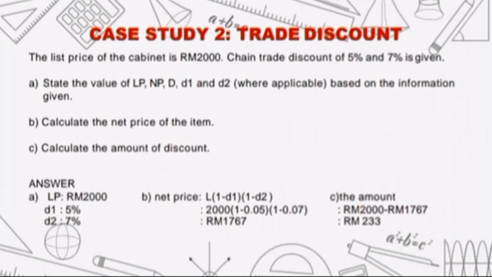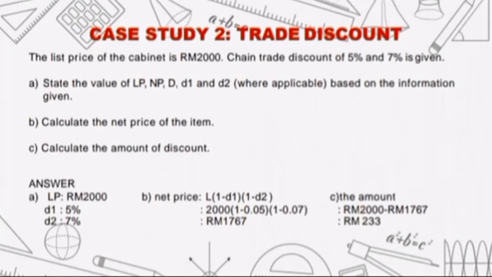And for D1 and D2, you need to change from percent to decimal. It means 5 divided by 100 equals 0.05 and 7 divided by 100 gives 0.07.